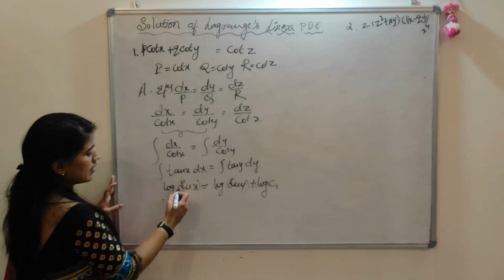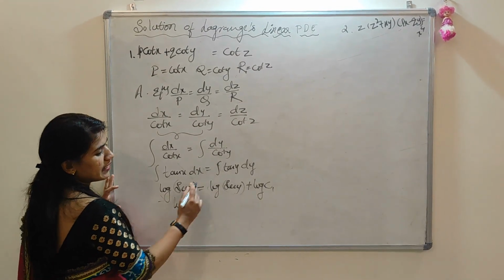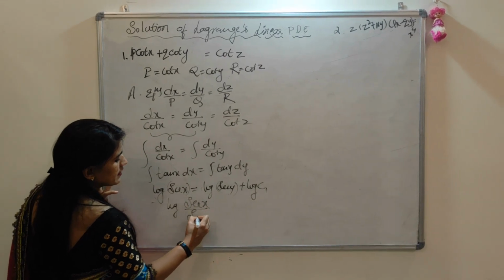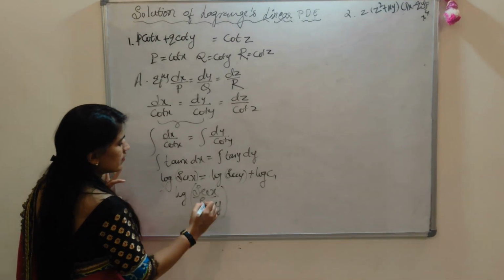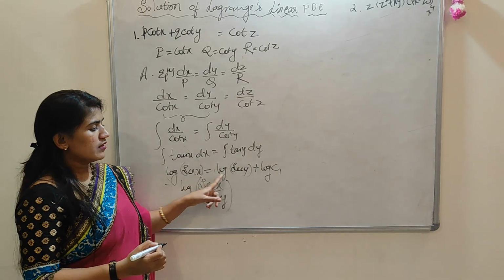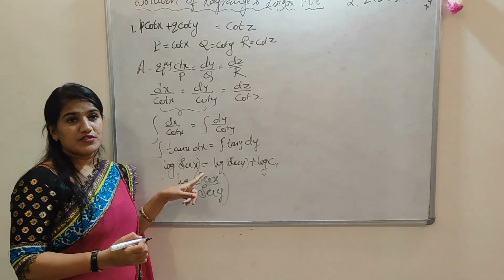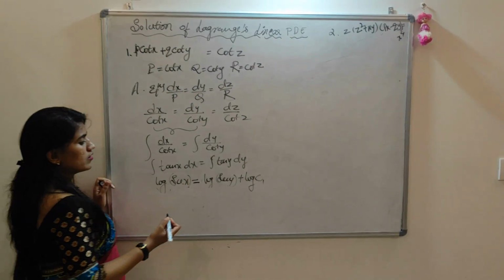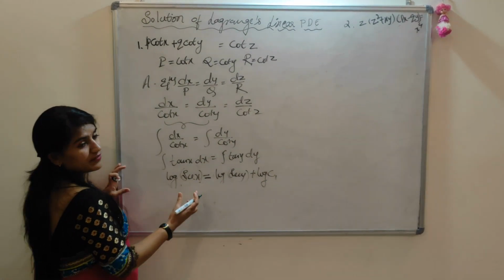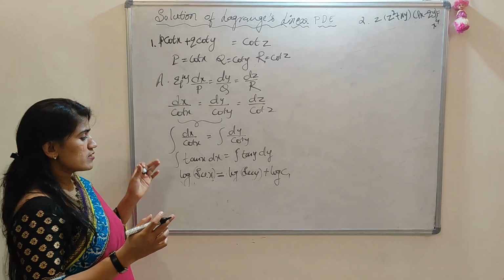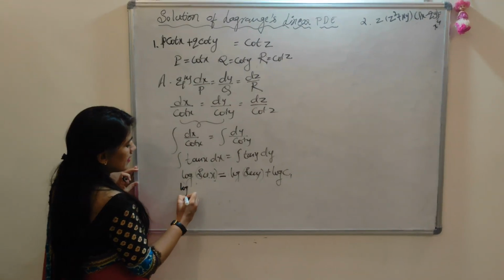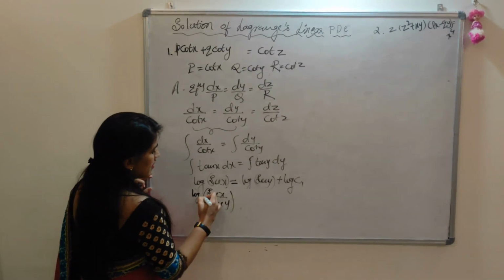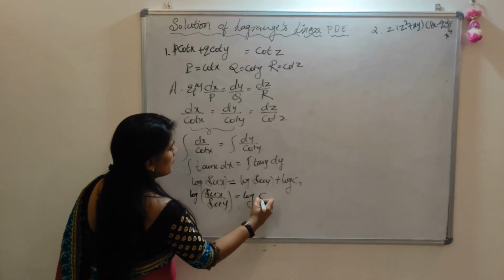Log m minus log n is log of m by n. So log sec x minus log sec y gives log of (sec x / sec y) = log c1.